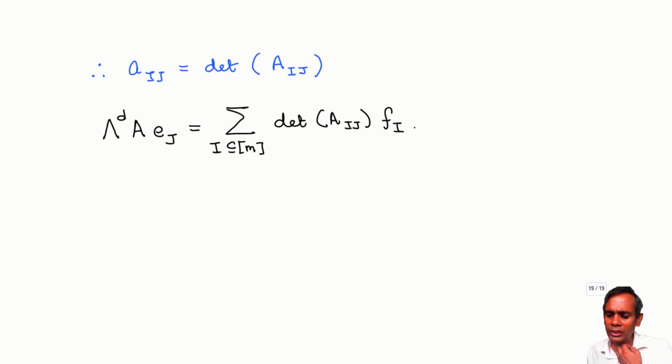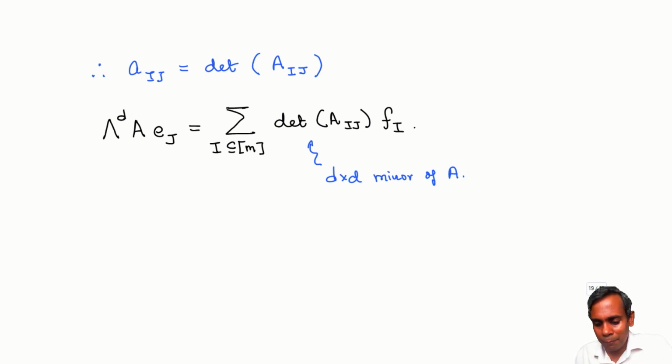So this is the formula which shows how wedge^d A acts on wedge^d F^m. This determinant is what is often called a d by d minor of the matrix A. So what I'm saying is that the matrix entries of the linear map wedge^d A are the d by d minors of the linear map A itself.